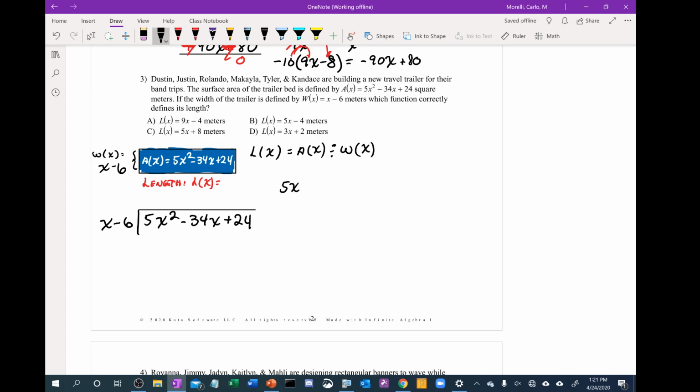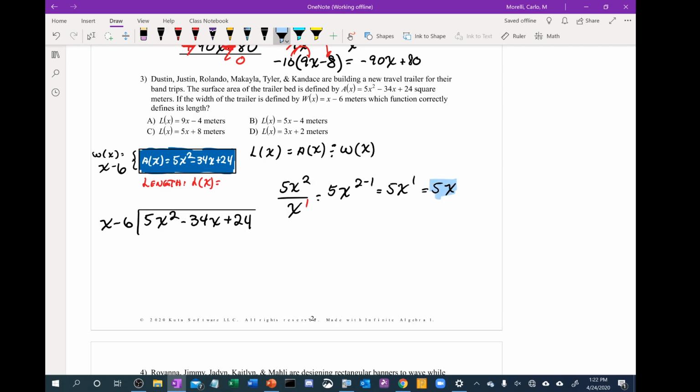And that's 5x squared divided by x. There's nothing to simplify numerically. Just remember there's a 1 in the exponent section and apply the quotient rule. Quotient rule says that when the bases are the same, you subtract the exponents to divide. So that's 5x to the 2 minus 1, which is 5x to the 1, which is just 5x.